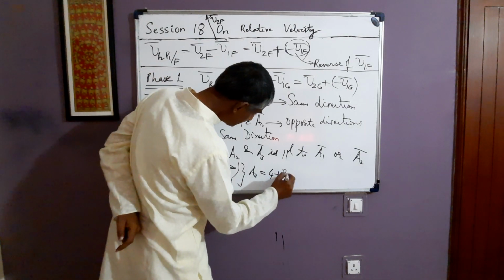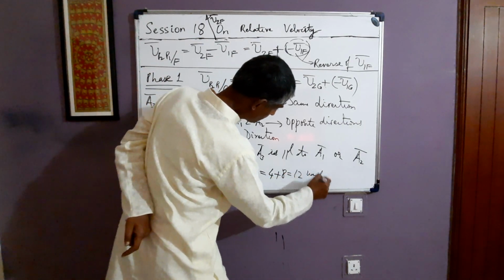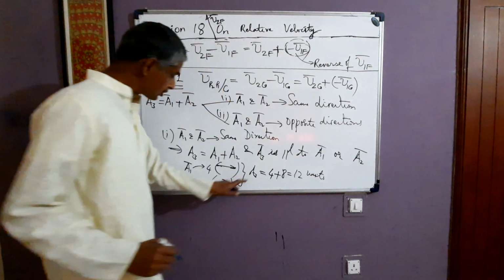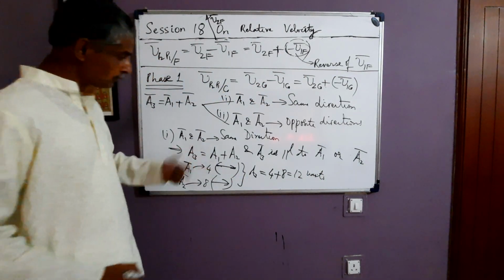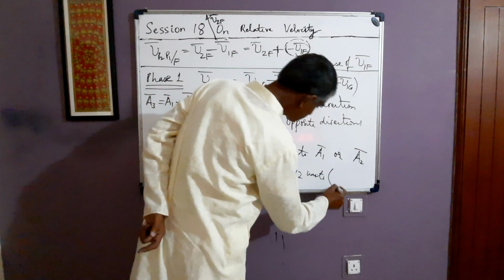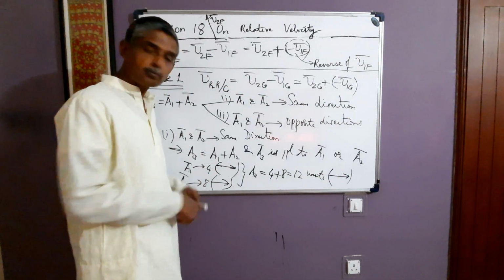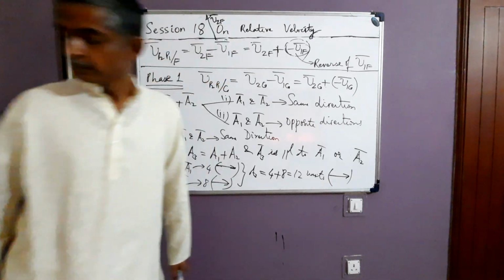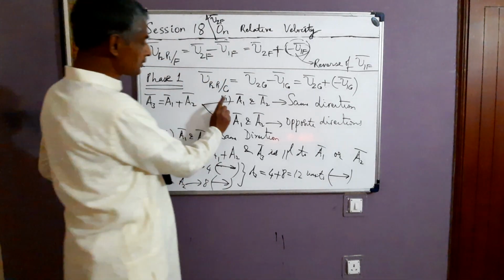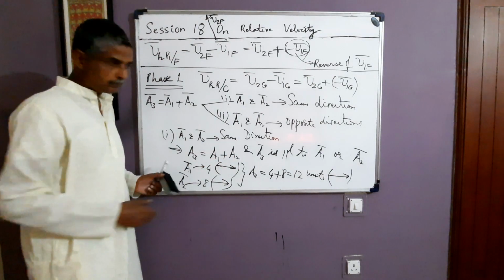That will be 4 plus 8, that is 12 units. And the direction of A3 will be the same as that of A1 or A2, so in this case it will be rightward. This point should be kept in mind. So in phase 1, this was the first point to be taken into account.